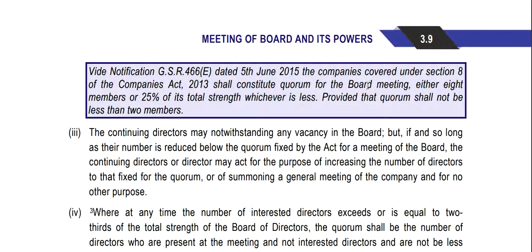Vide notification dated 5th June 2015, for a Section 8 company, the quorum for the board meeting shall be 8 members or 25% of its total strength, whichever is less, provided that the quorum shall not be less than 2 members.